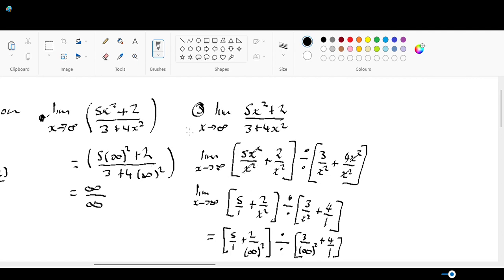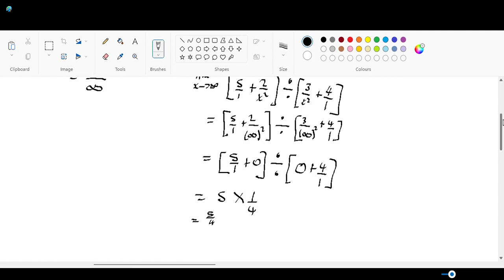In this case, the x with the highest power is x squared. When you do that, it leads you to a point whereby you divide by infinity, and any number divided by infinity gives you 0. So when you work this out, our answer is 5/4.